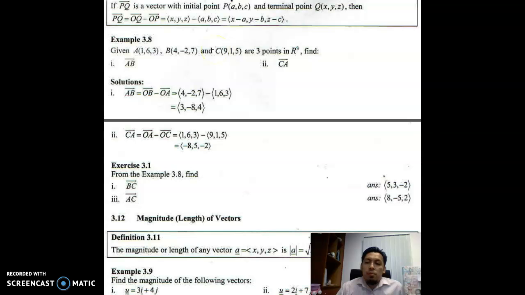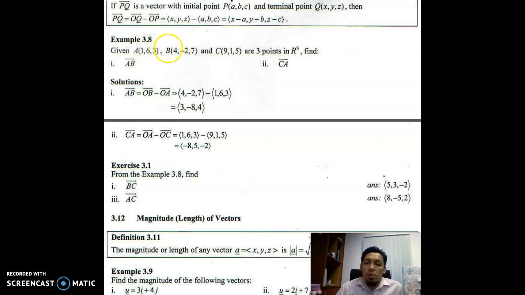So as you may know already, to find a vector B to C, for example here, we'll need to convert each of these coordinates into its position vector, or maybe just into its vector, right?